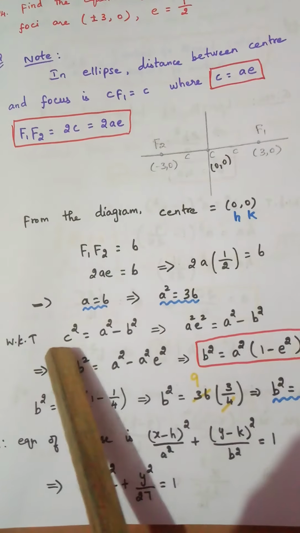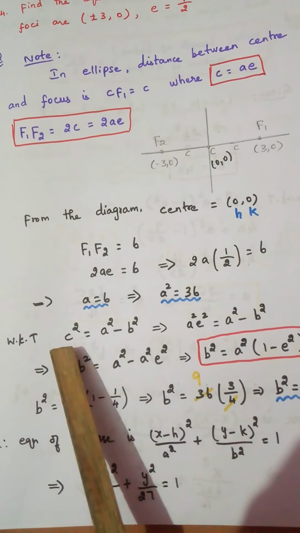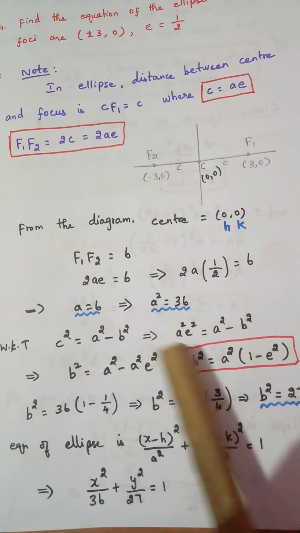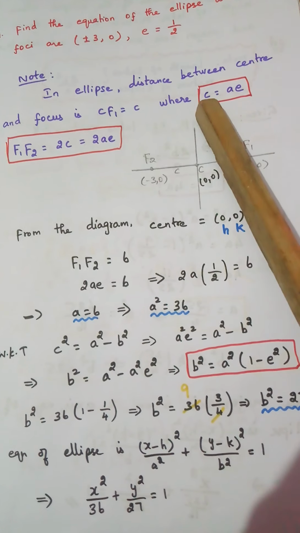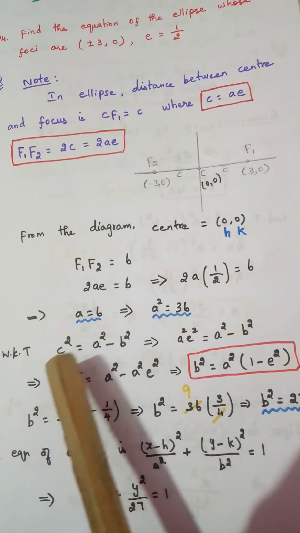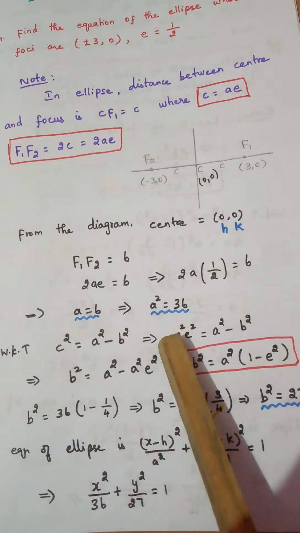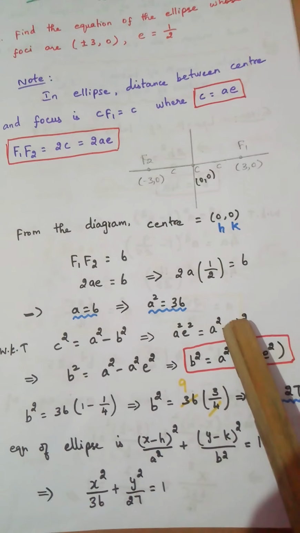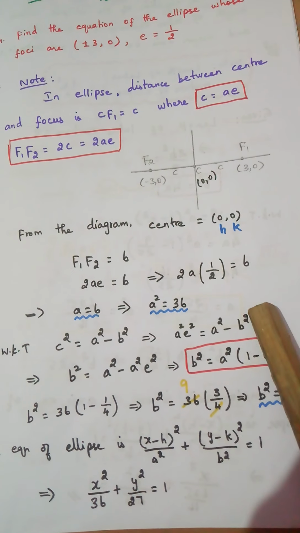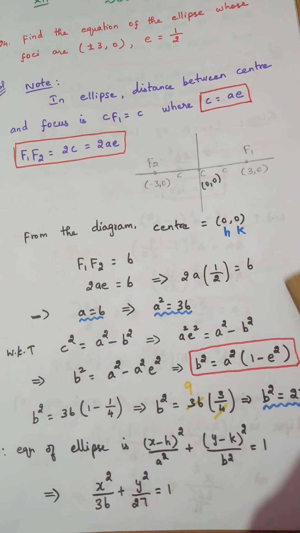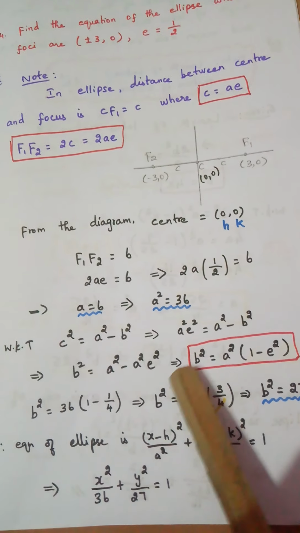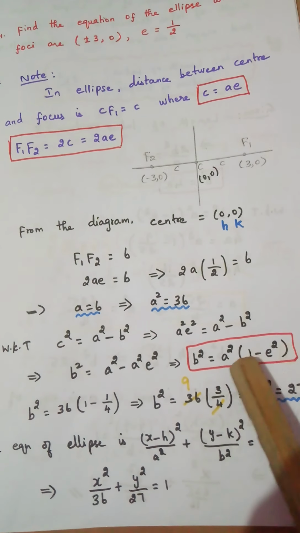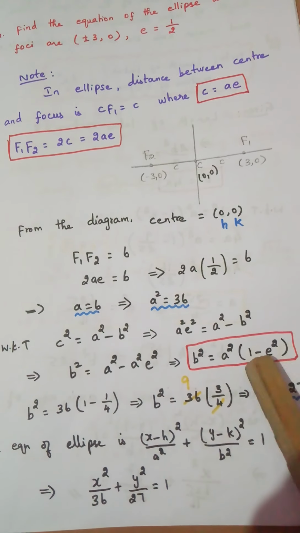Okay. Now this formula we already know: c square equals a square minus b square. But what is c now? c is given by ae, which means c square can be written as a square e square, equal to this. Again, bring b square to the other side, a square e square to that side. These are all simplifications you know very well. If I take a square common from the right hand side, the answer is 1 minus e square.